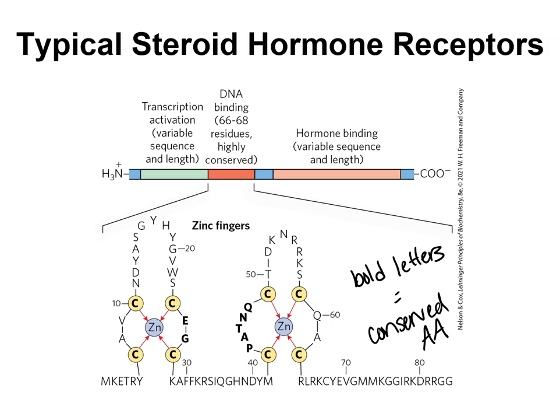As we said, there's a transcription activation region, which is variable in its sequence and length, but it's the activator part of the receptor. Then there's the DNA binding, which is highly conserved. And then there's the hormone binding region, which is going to vary, right? Because you have to respond to different hormones. But this is the basic makeup of these steroid hormone receptors.